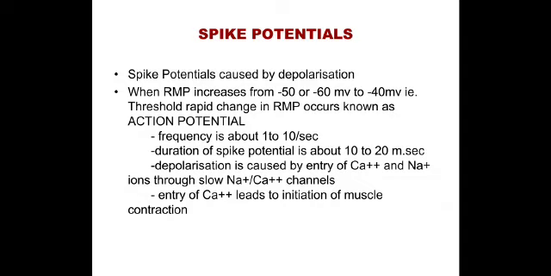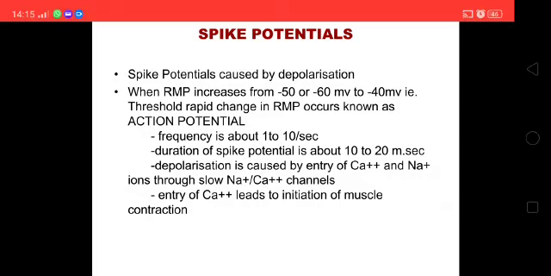When the resting membrane potential rises from minus 60 to minus 50 or so, a threshold is reached and a rapid change in RMP occurs, known as the action potential. The frequency is about 1 to 10 per second. The duration of a spike potential is about 10 to 20 milliseconds. Depolarization is caused by entry of calcium and sodium through slow sodium calcium channels. Entry of calcium leads to initiation of muscle contraction.